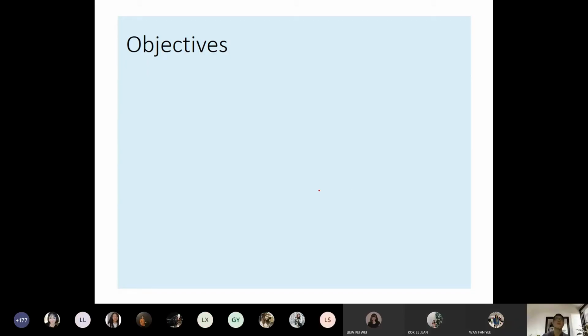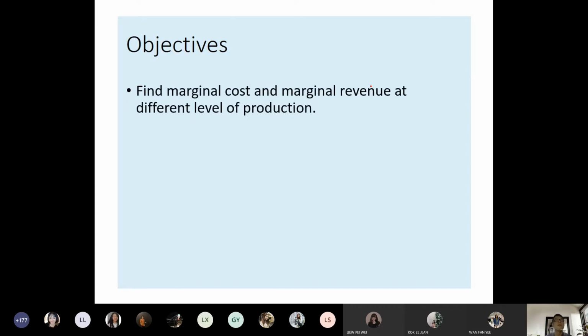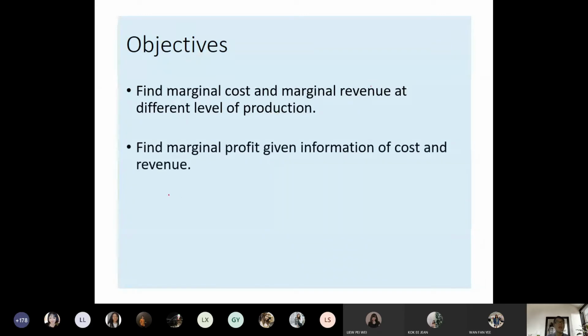Okay, so for today's lecture, we are going to learn. The objective of today's lecture, we have two. First is to learn how to find the marginal cost and marginal revenue at a different level of production, and to find the marginal profit given information of cost and revenue.